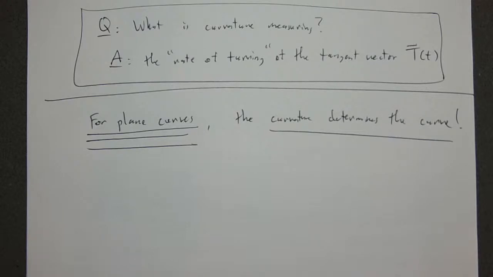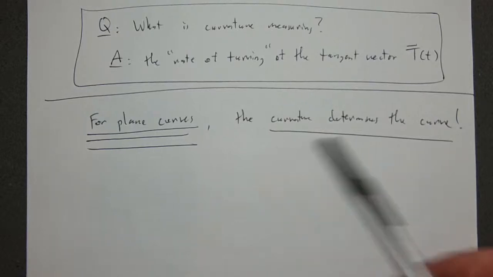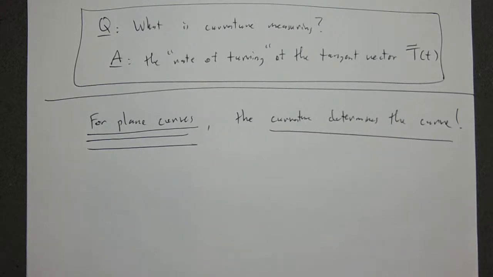This is only true for the plane, so if I talk about space curves, I can't say what I'm about to say. So in the plane, if I have a curve and it has curvature 1/2, then that curve must be a part of a circle of radius 2. This is a very strong fact. This is really, really nice. It tells you that if you know the curvature, then basically you know the curve.